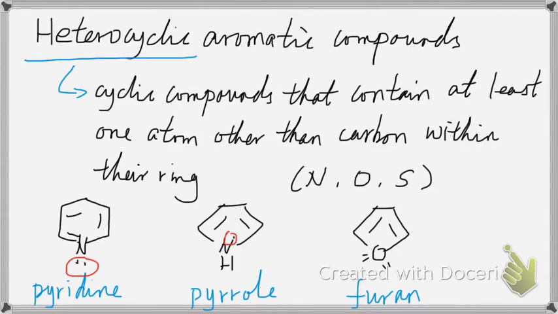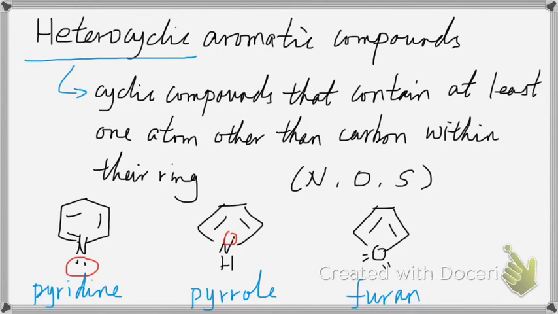For pyridine, the lone pair of electrons is not part of the aromaticity, so it's readily available to be donated to, for example, a proton or to something that's electrophilic.